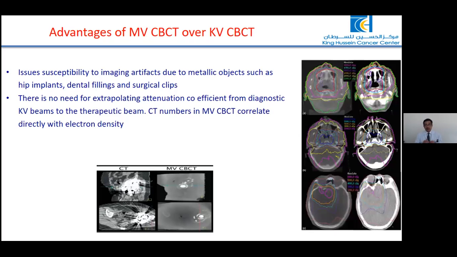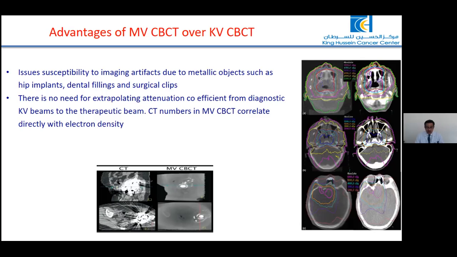Now, what are the advantages of the MV CBCT over the KV CBCT? It is less susceptible to imaging artifacts due to metallic objects such as hip implants or dental fillings and surgical clips. And you can see here down the CT scan taken with the MV without artifact.